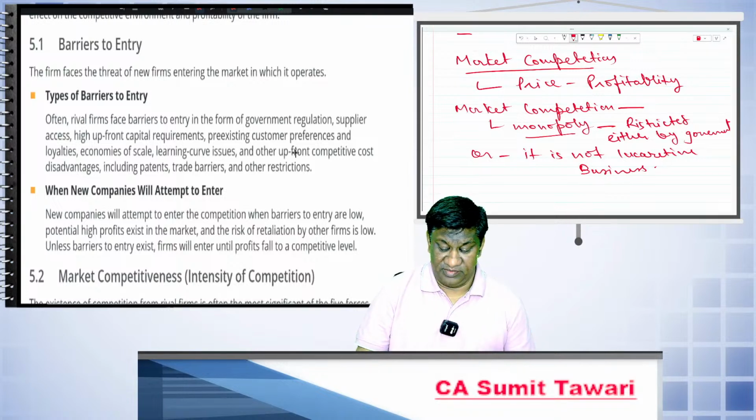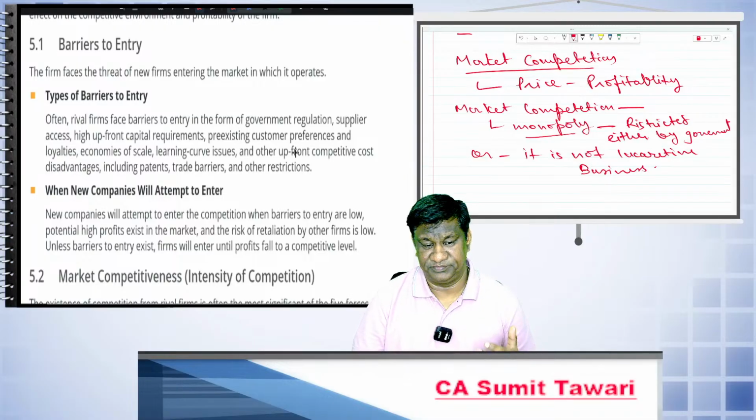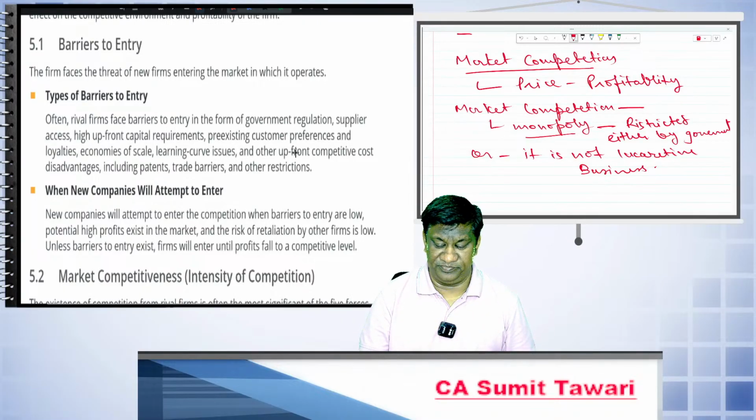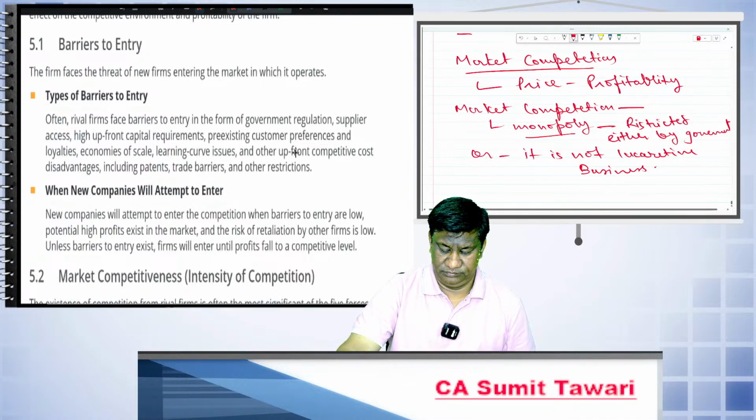Just as a practical example, you can evaluate the level of threat. If you want to assign whether the threat level is low, moderate, or high, what level are you going to assign to barrier to entry? Is it low, moderate, or high?